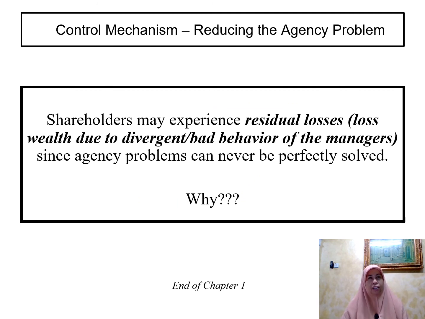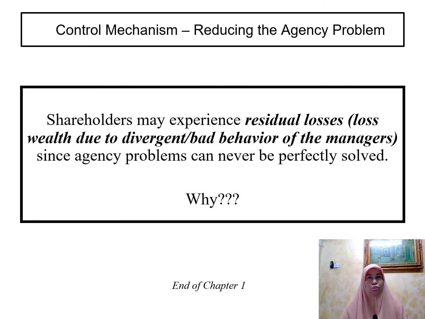Okay, however, even though control mechanisms have been put intact, and the company has done a good job trying as much as possible to reduce the agency problem, sometimes shareholders may experience residual losses, which is the lost wealth due to divergent or bad behavior of the managers, since agency problems can never be perfectly solved.